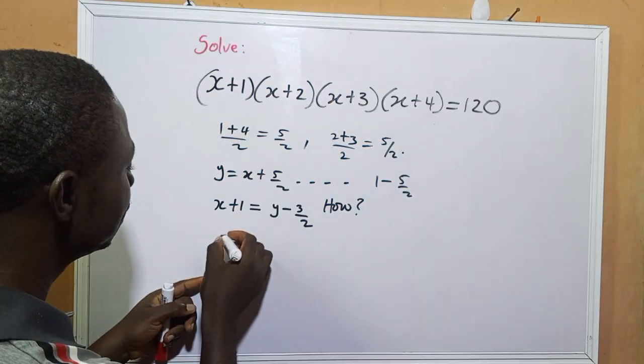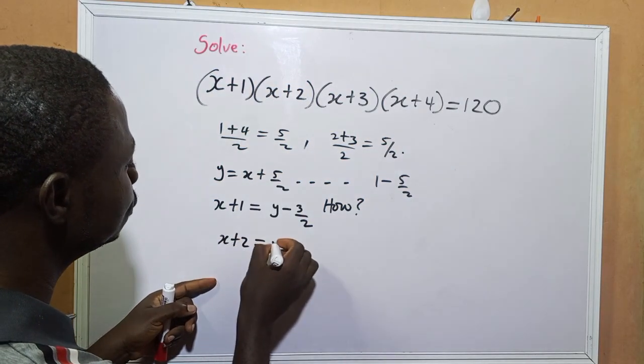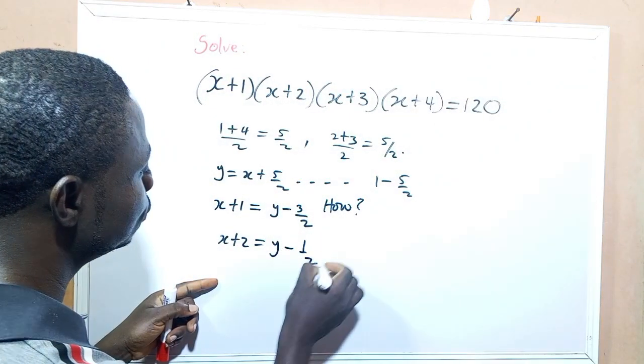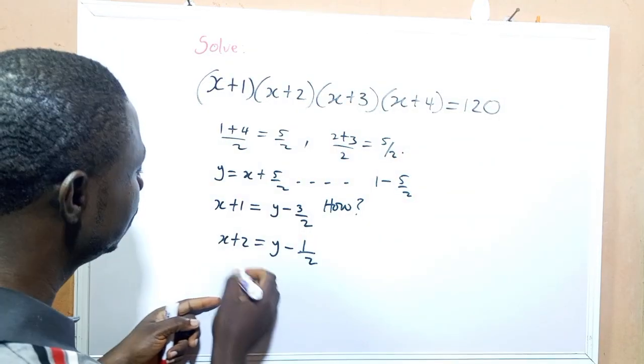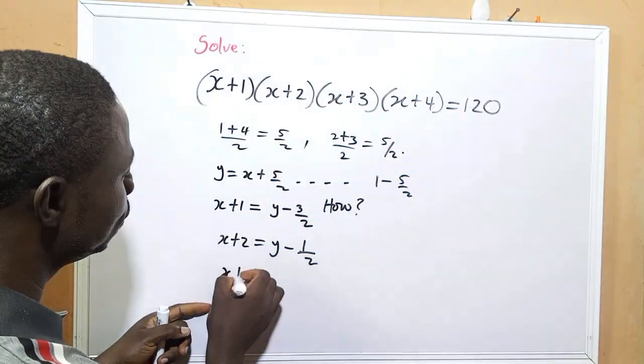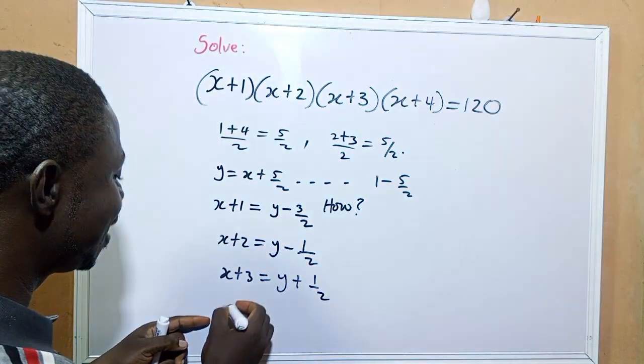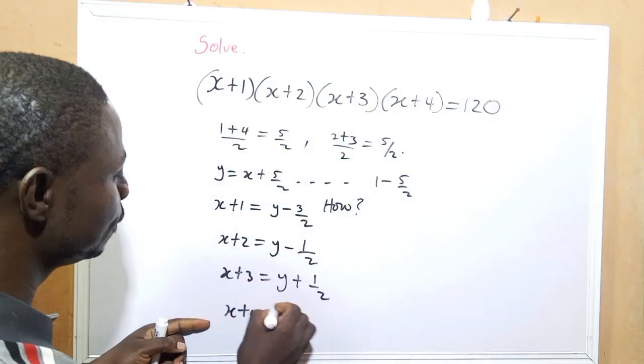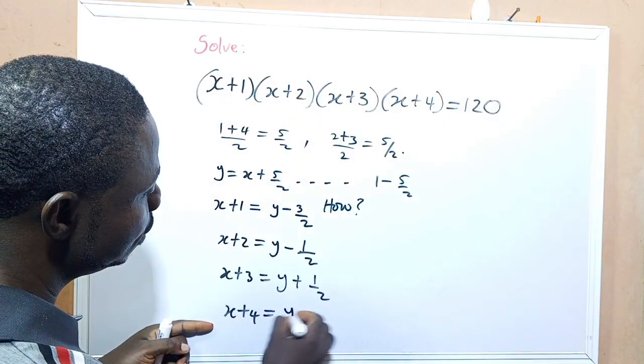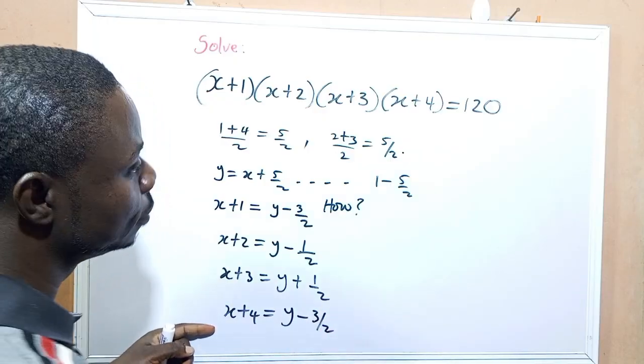Now let's move on. x plus 2 will give you what? y minus 1 over 2. Is that not so? For those that are following me. Now x plus 3 will give you what? y plus 1 over 2, and x plus 4 will give you what? y plus 3 over 2.